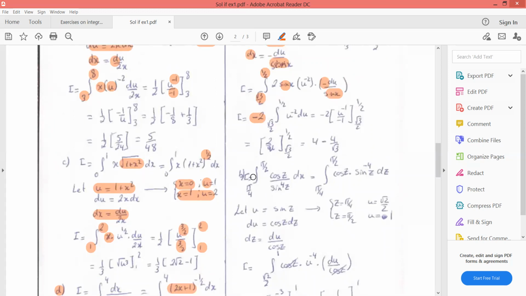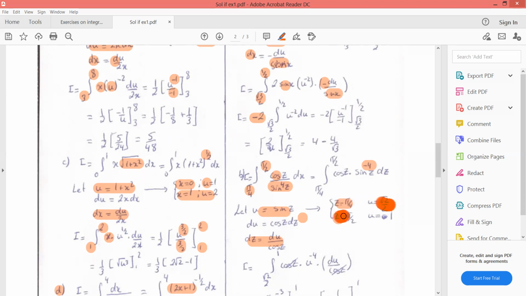Now b, I equal integral from pi over 4 to pi over 2 cosine z over sine power 4z. Once again this goes up, power minus 4. The base of the power is u equal sine z, so dz equal du over cosine z. The derivative of sine is cosine. We change the bounds. Z equal pi over 4, sine pi over 4 is radical 2 over 2.